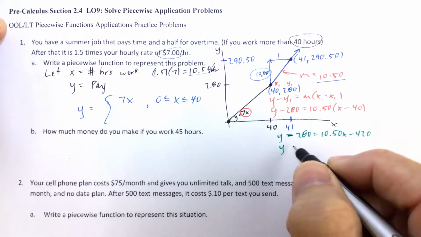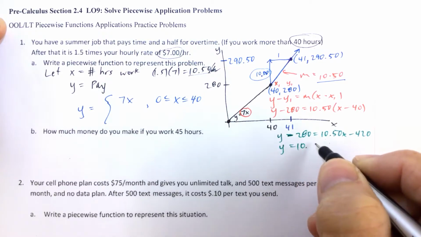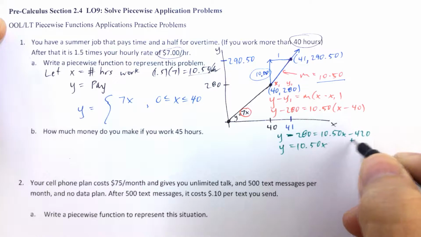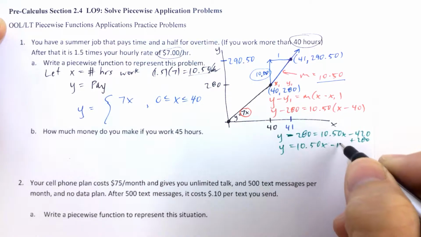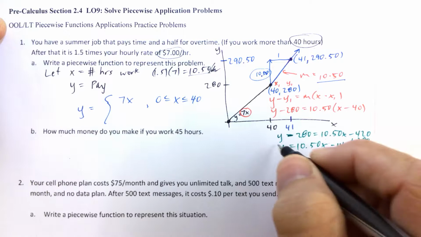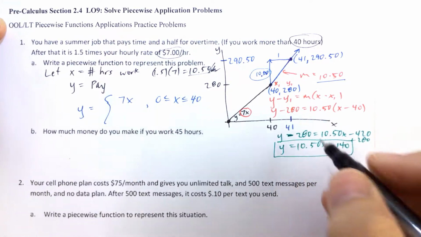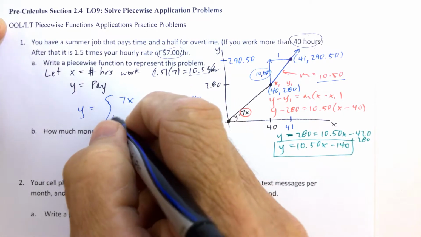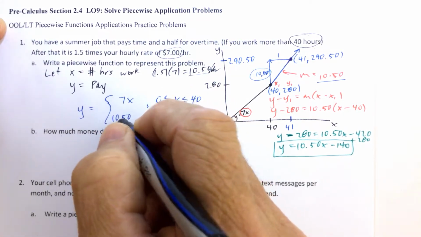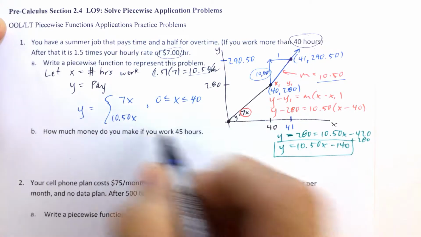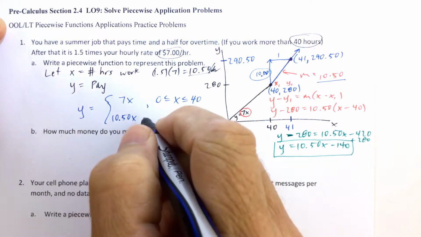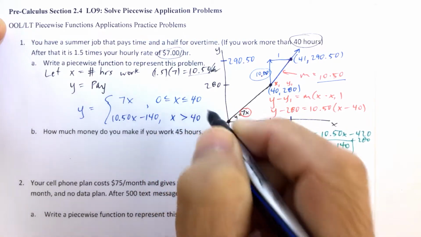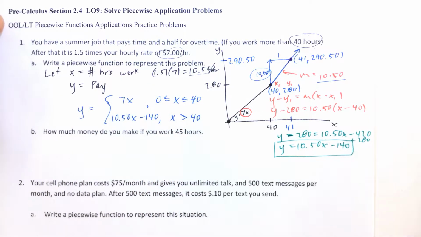Now I'm going to add 280 to both sides, so I get negative 420 plus 280, which is minus 140. So there I have the second piece of my piecewise function. This piece is what the function is defined to be as soon as you get past 40 hours. So we write that down in the second piece: 10.50x minus 140 when x is greater than 40, when the number of hours I work is greater than 40.